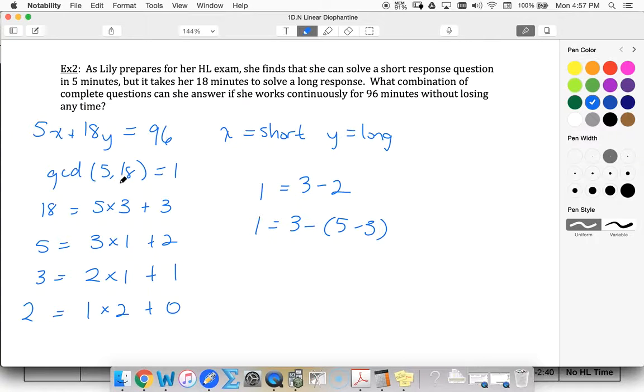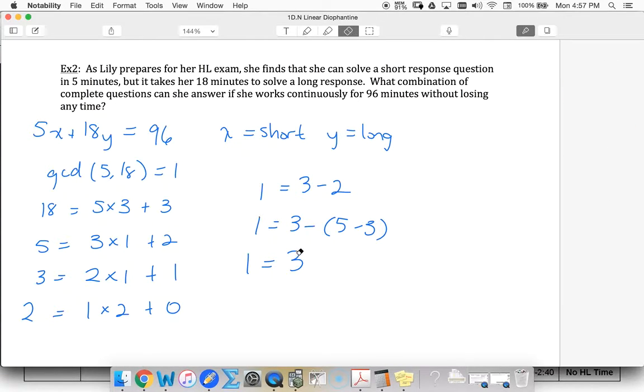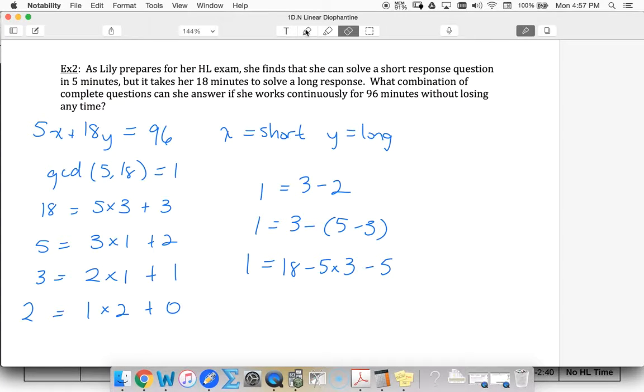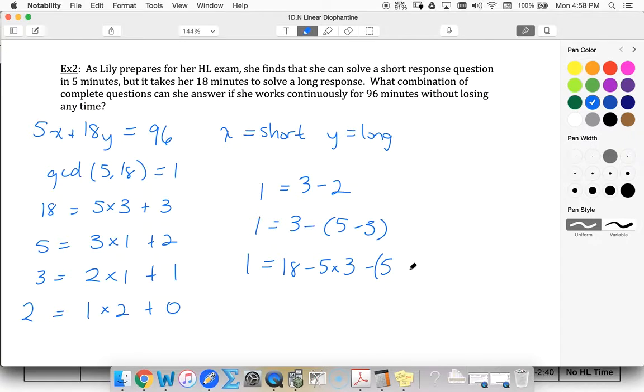So 1 is equal to 3, substituting in for my 3, 18 minus 5 times 3, minus 5 minus, again, 18 minus 5 times 3.